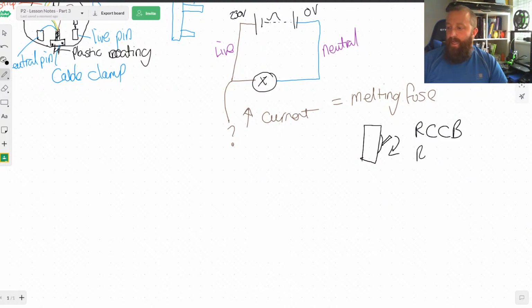RCCBs, and it stands for residual current circuit breaker.